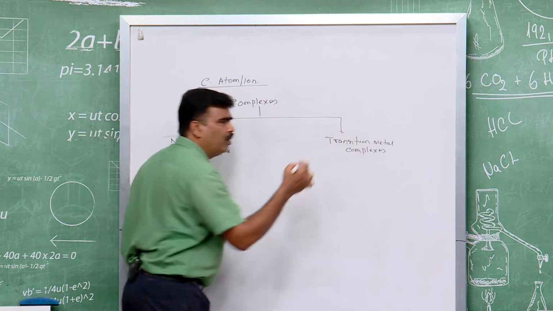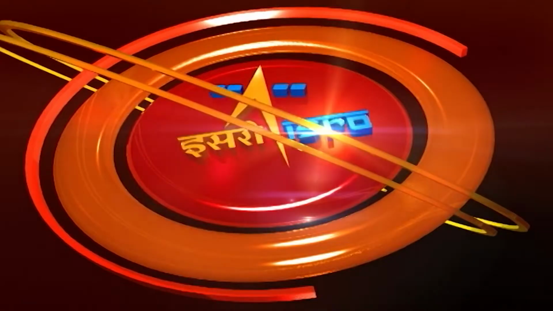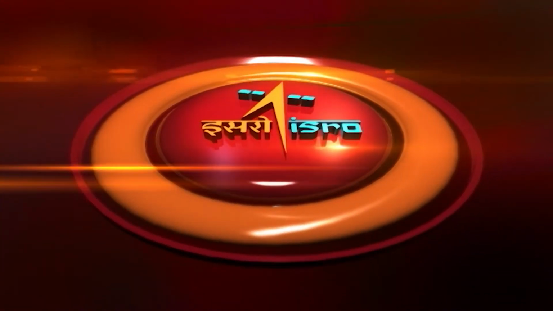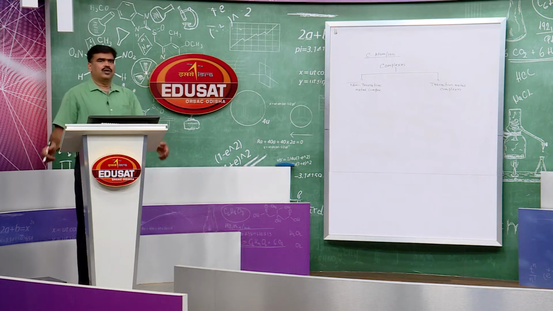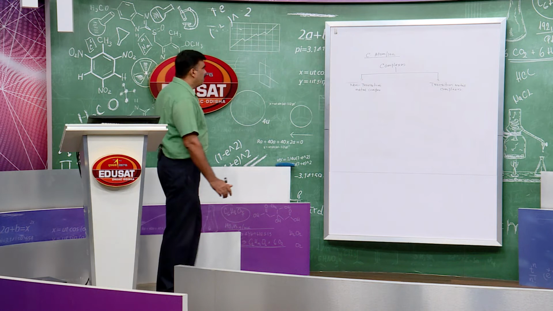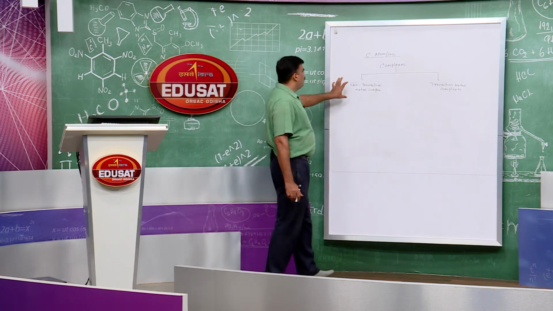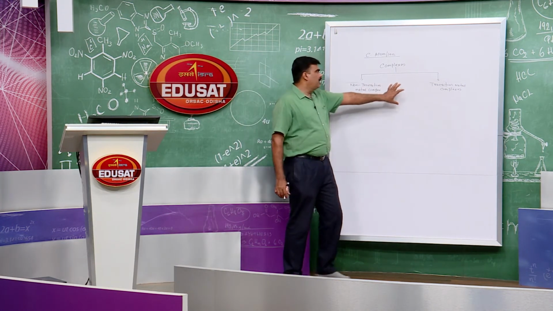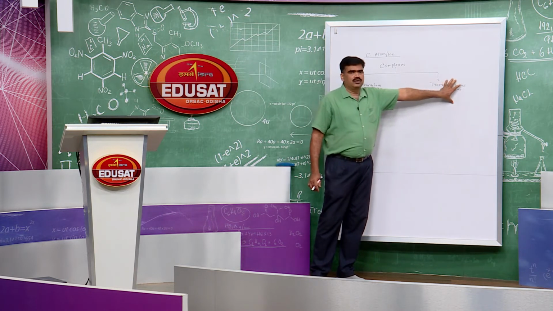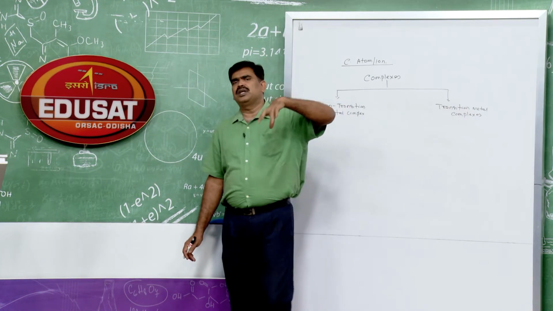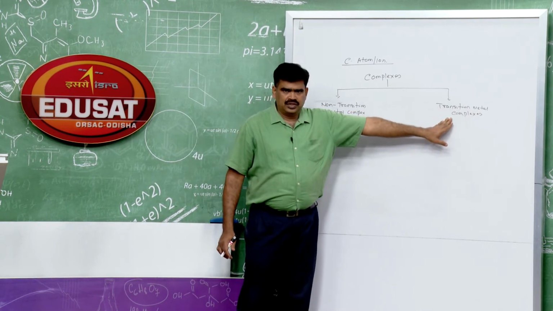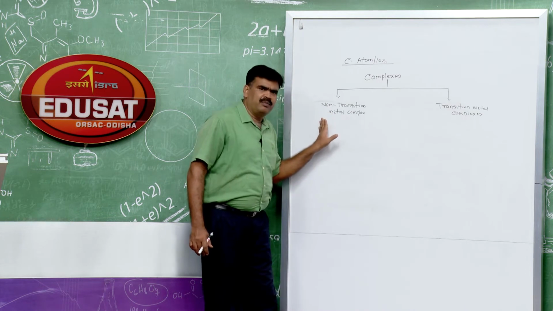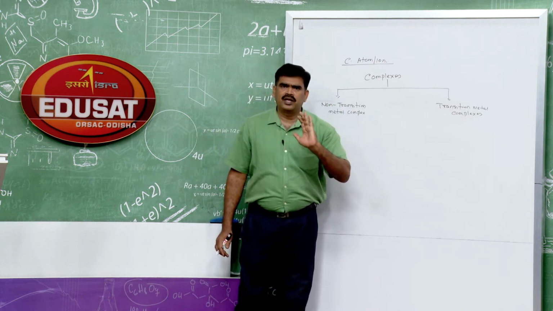Okay, we'll discuss in detail. So complexes are of two types. One is the complexes of non-transition metals and the complexes of transition metals. 90% above complexes are of the transition metals, and very few complexes are of non-transition metals.